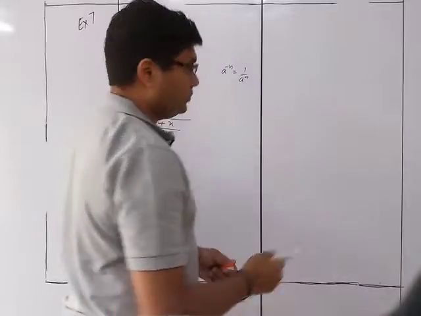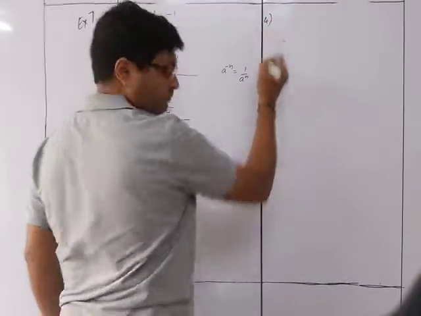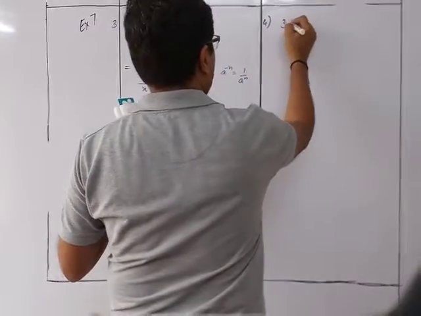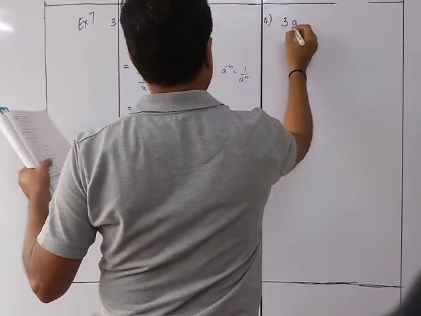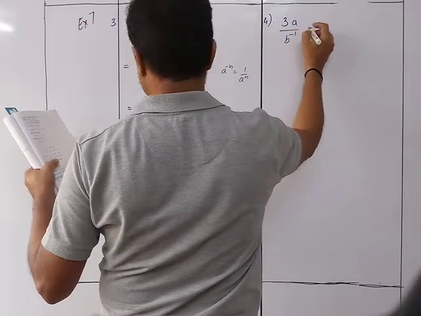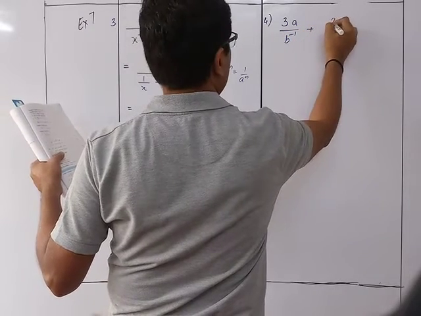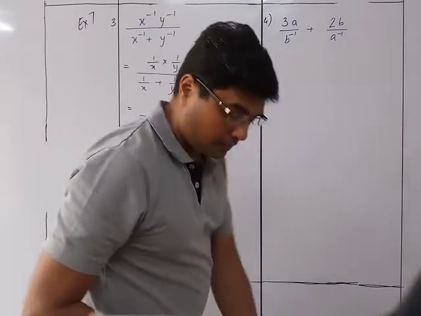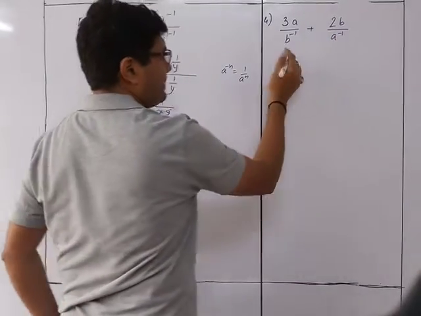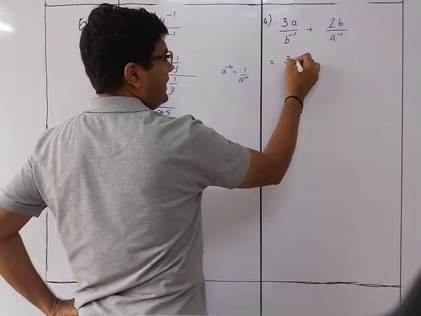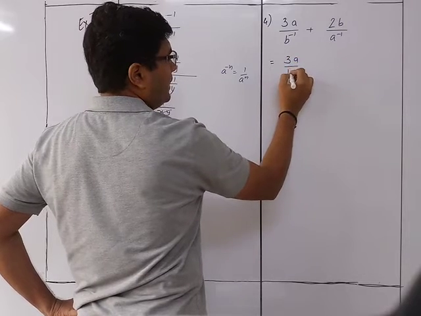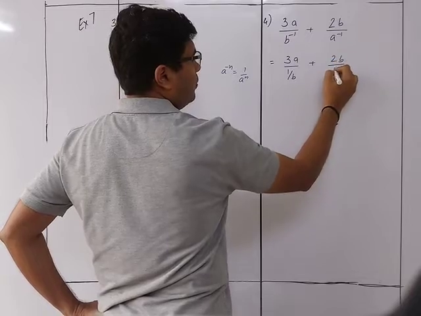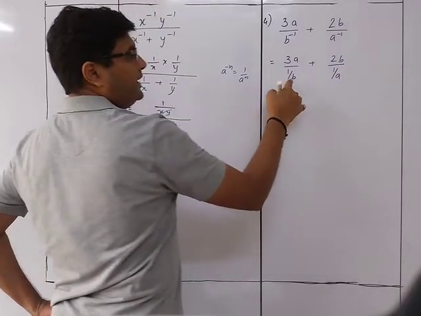Question number 4. It is 3a upon b raised to minus 1 plus 2b upon a raised to minus 1. Again minus 1, so it is nothing but 3a upon 1 upon b plus 2b upon 1 upon a.